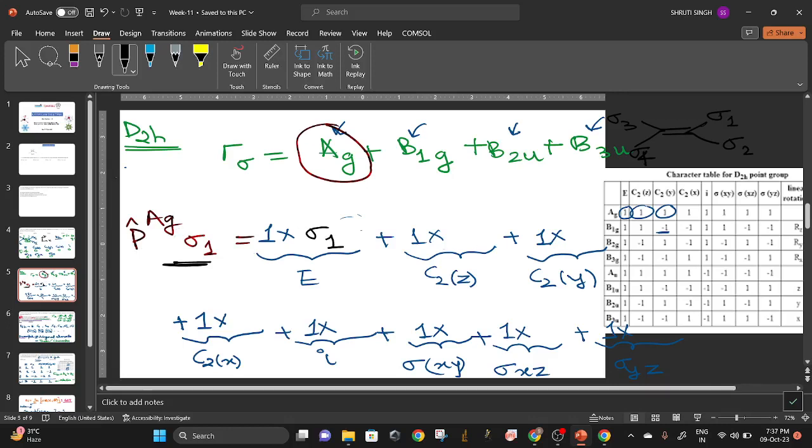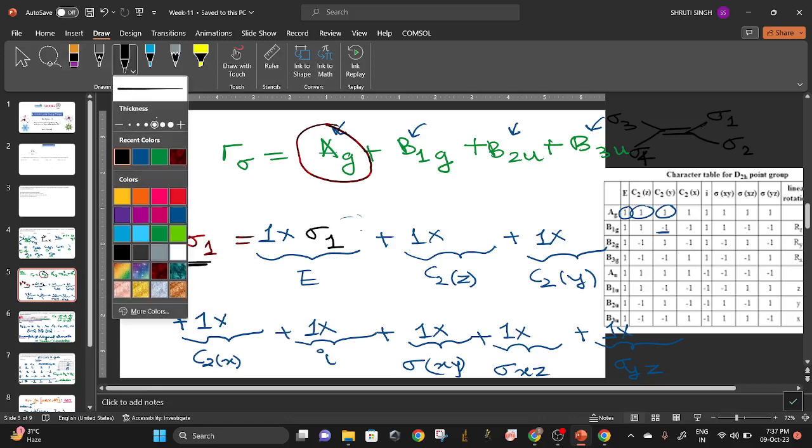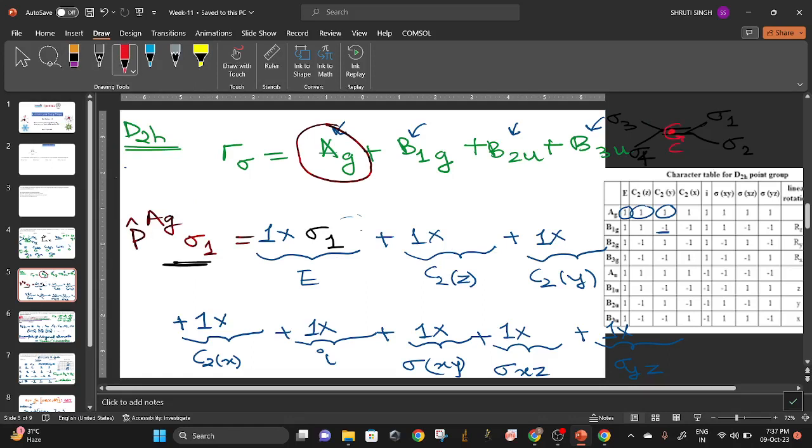Now C2z. Z was coming out of the plane. So what will happen? It will change to sigma 4.